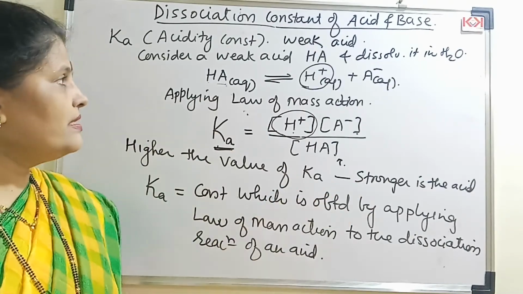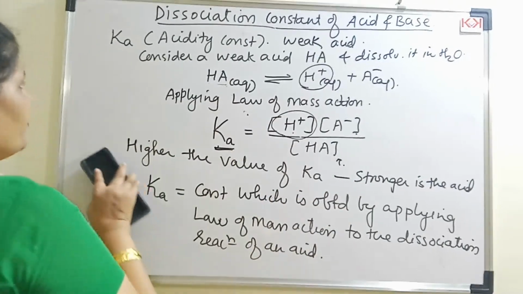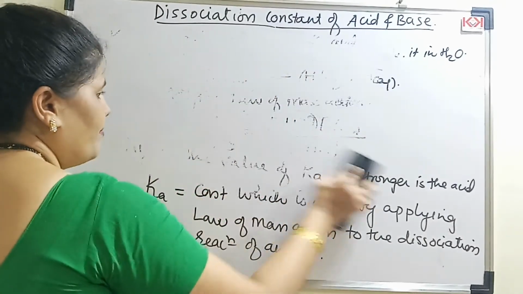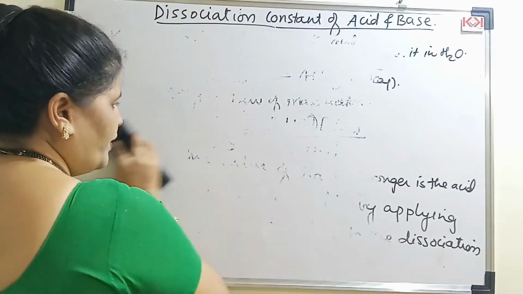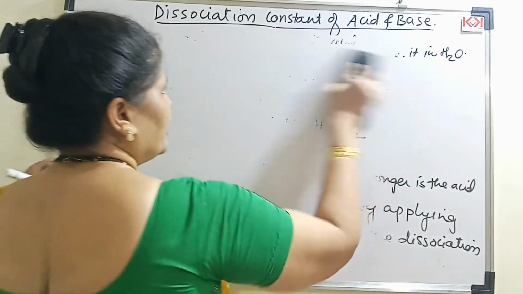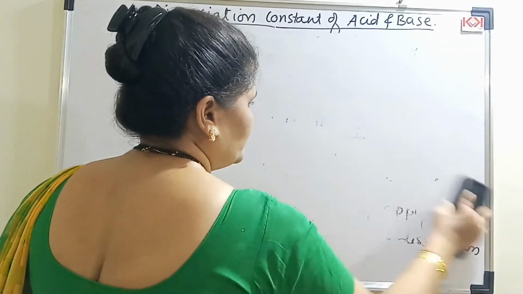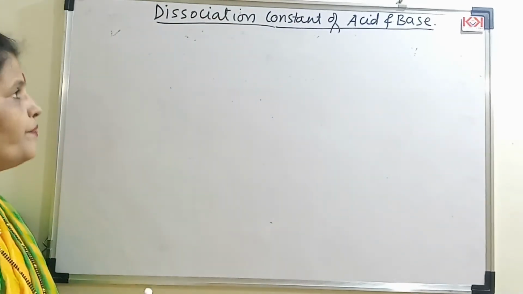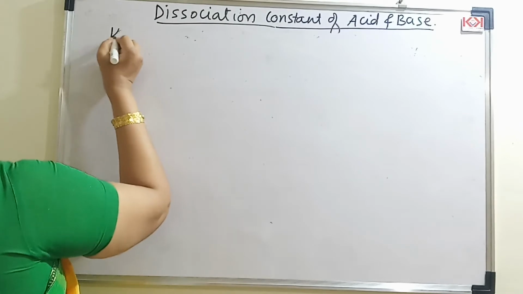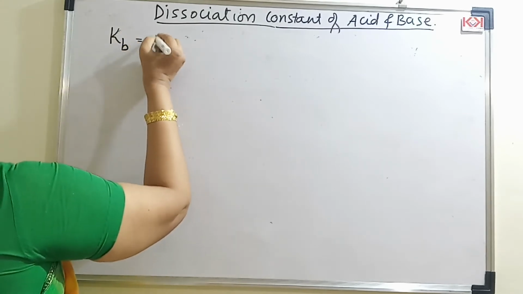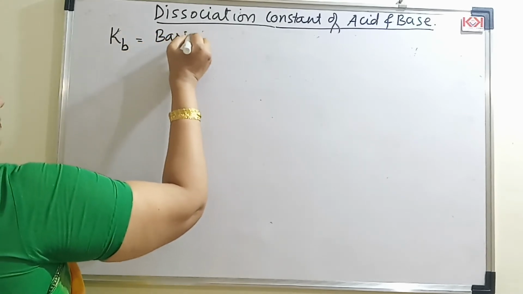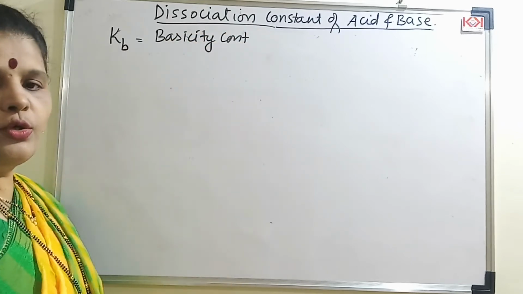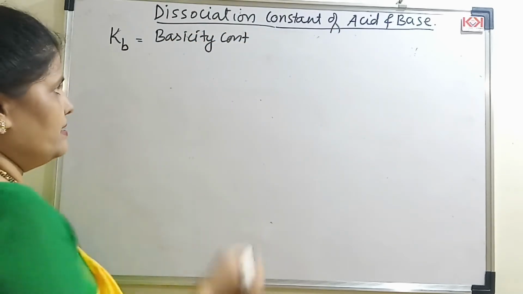On the same basis, now let us go for the basicity constant or dissociation constant of a base. Now it will be easy for you to understand because the concept will remain the same. So let us come to the dissociation constant of base. For that I am using the constant Kb. This is called the basicity constant, or it is also called the dissociation constant of a base.